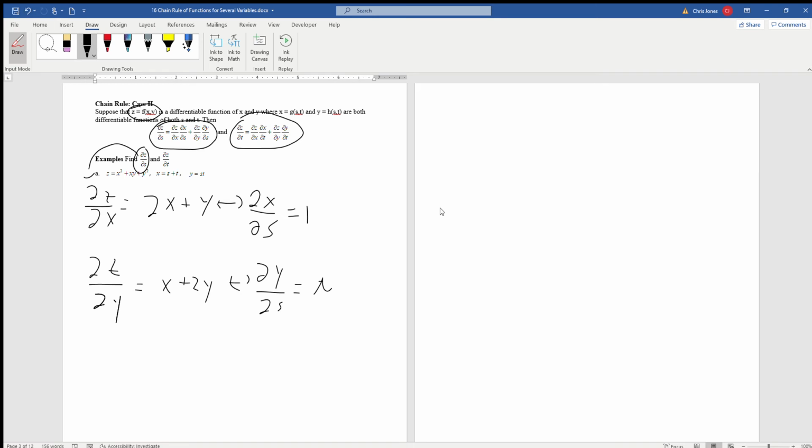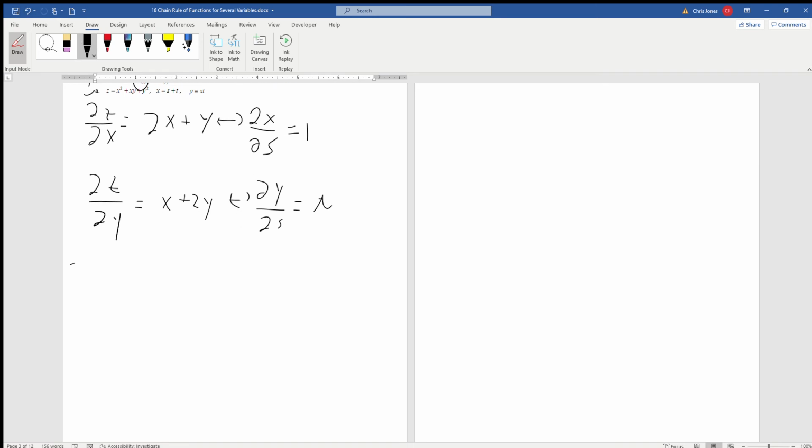Okay, so for partial z partial s, that's going to be equal to (2x plus y) times 1 plus (x plus 2y) times t. And then we can substitute for x and y back in terms of s and t.